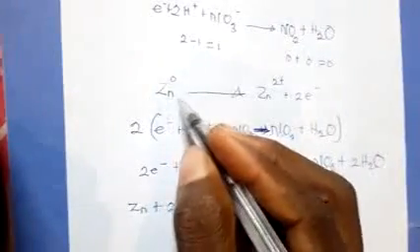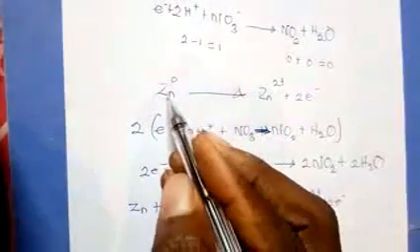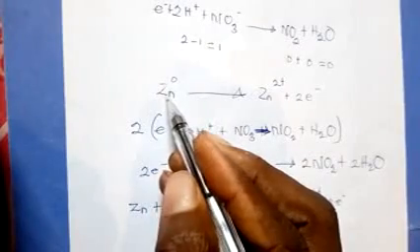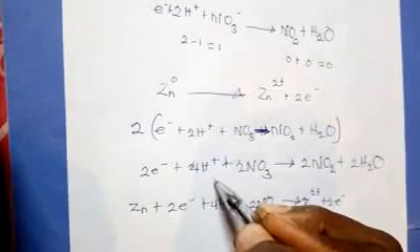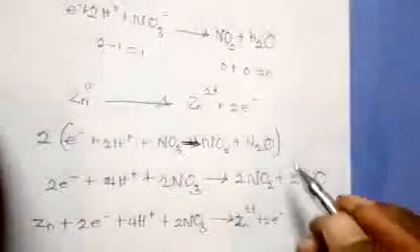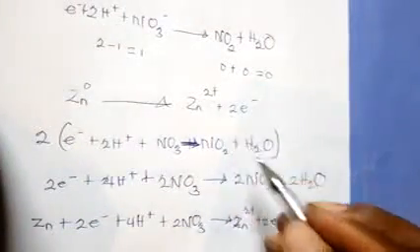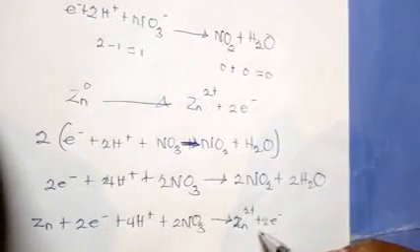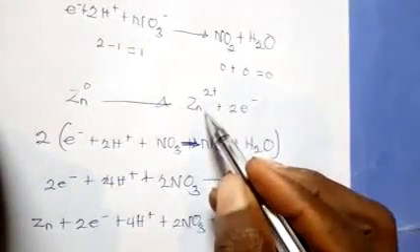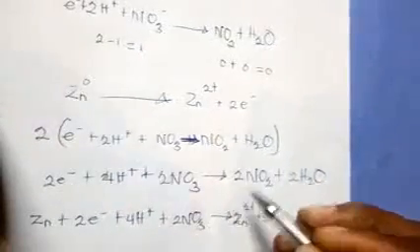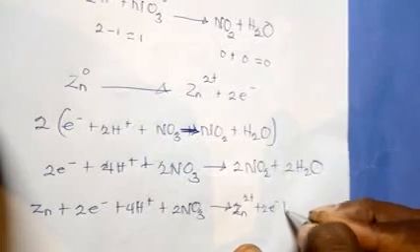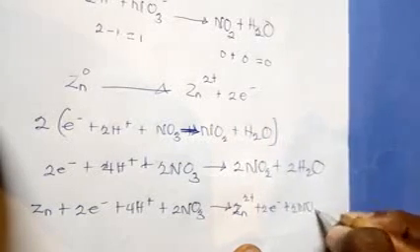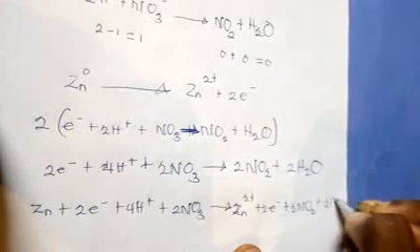First I wrote this first one on this side. I wrote the reaction in the oxidation reaction, and I wrote the reactants in the reduction reaction. I combined them. So you combine the product in the oxidation reaction and the product in the reduction reaction, which I have started. So this is the product in the reduction reaction. These are the products in the oxidation reaction. So you combine them, and you have 2NO2 plus 2H2O.